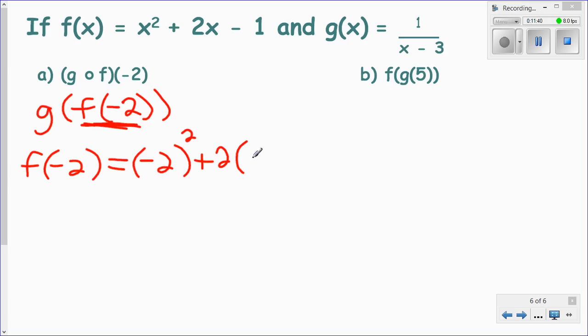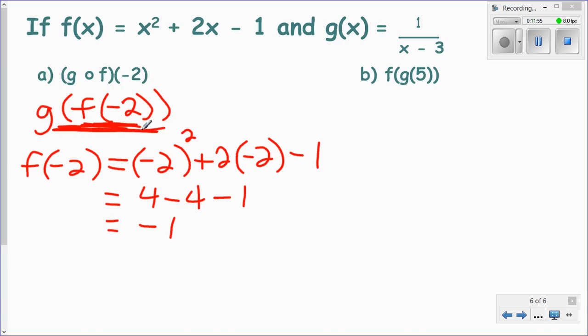into f of x. And then we're going to work it out. So we're going to get 4 minus 1. So that'll equal negative 1. Okay, so notice how f of negative 2 is inside g. So basically now we're going to find g of negative 1, because we already found f of negative 2, and we know that that is now negative 1.